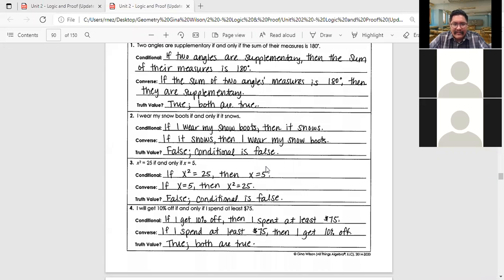No, because it can also be -5. If I have -5 and I square it, that would be -5 times -5, and if you remember, a negative times a negative will become a positive. So no, this one doesn't work up here because there is another one. That would be my counterexample: x is equal to -5.